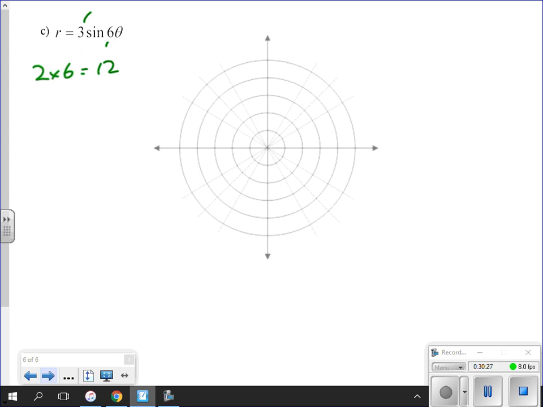Okay. To find where the first petal is, I take 6 theta and set it equal to pi over 2. My first petal appears at pi over 12, right here, halfway between 0 and pi over 6. Now we get to have some fun. How far apart are all the petals?